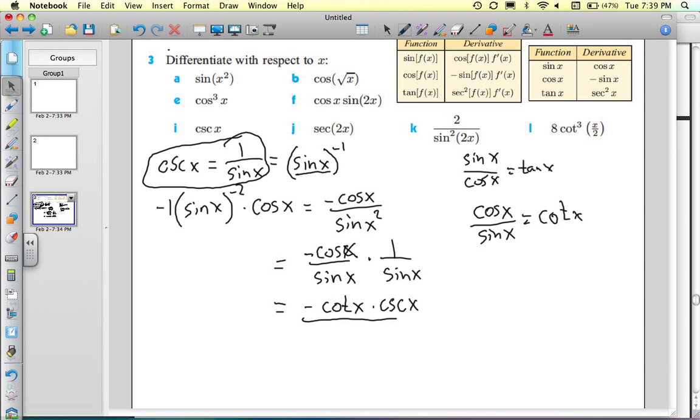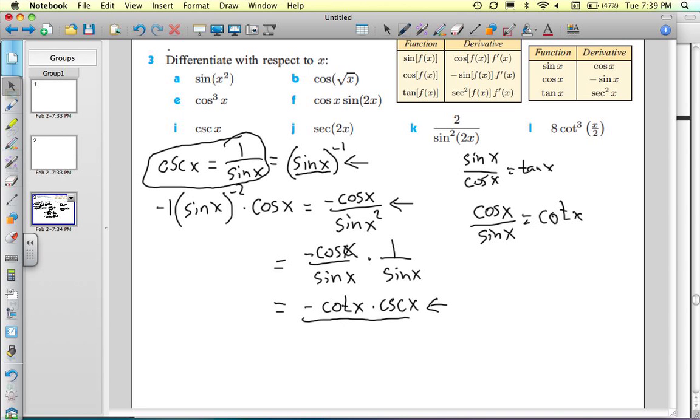And that is what they have in the back of the book. So that's how you get the answer in the back of the book. But if you had gotten to the earlier step and worked it out, that would also be technically correct, even though this is the more simplified version.